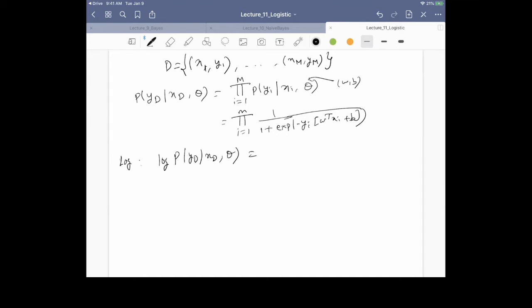So now we get a sum of log of 1 over 1 plus exp raised to minus yi multiplied by w transpose xi plus b.